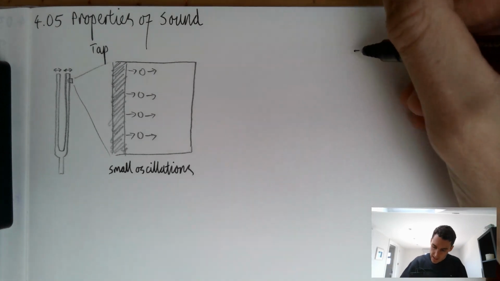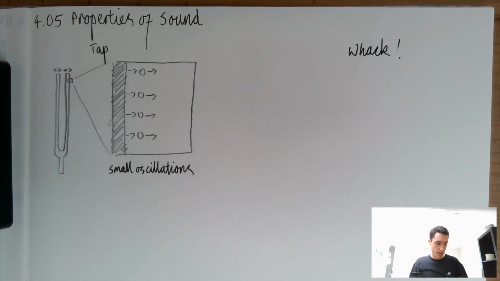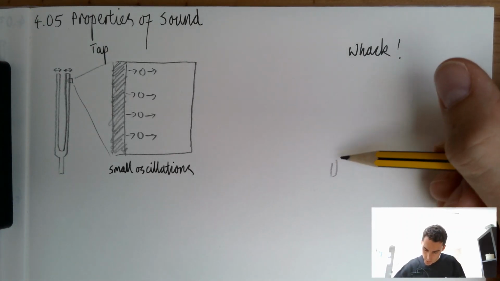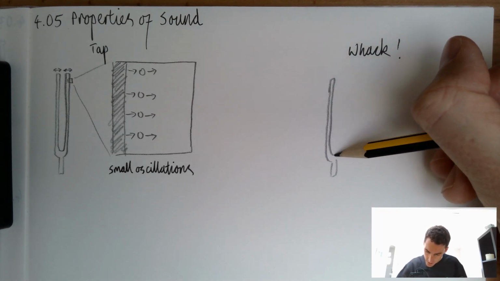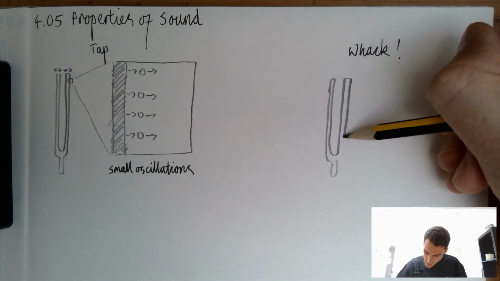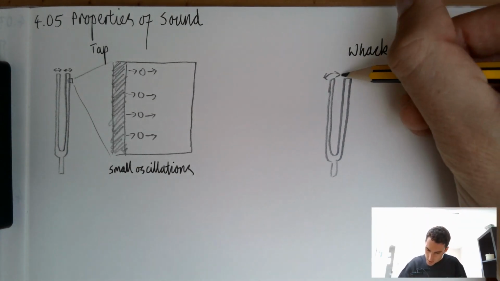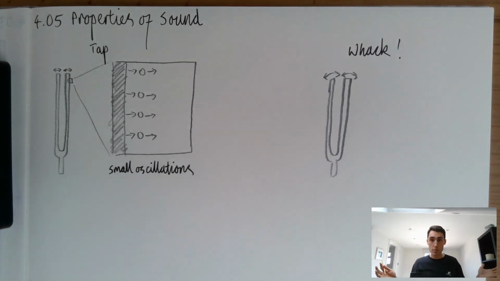So let's look at the next case here, the whack, and I'm going to use those words because they're really intuitive. Students will understand what you're talking about with those. And again, we're using that principle of concrete to abstract. So in this case, your disturbance is going to be a lot bigger.